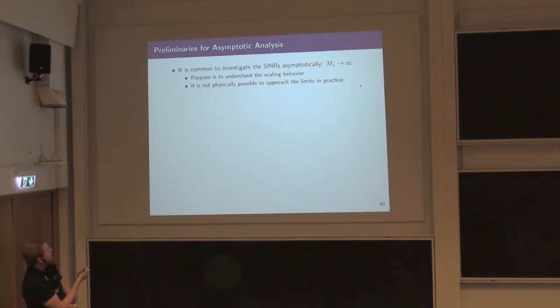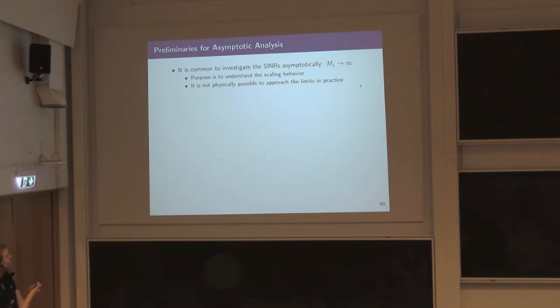That really means that we look at what happens performance-wise when you add very many antennas. One should not interpret this as something that I propose that we should put up an infinite number of antennas. This is more of an exercise of seeing what really is limiting us when you have a lot of antennas, and whether or not we can achieve any performance that you are asking for if we just add sufficiently many antennas.